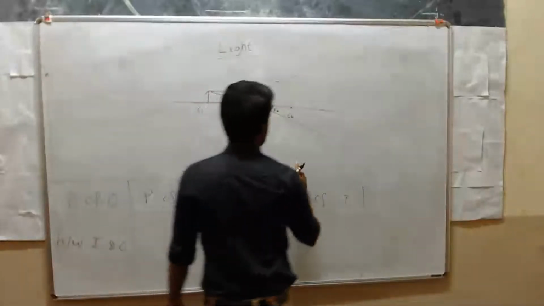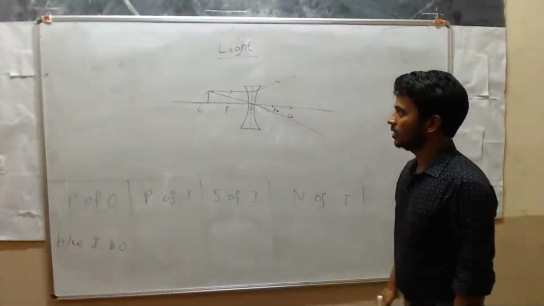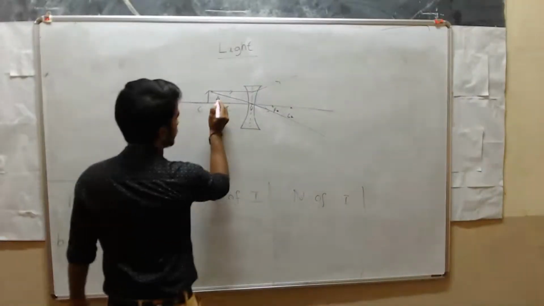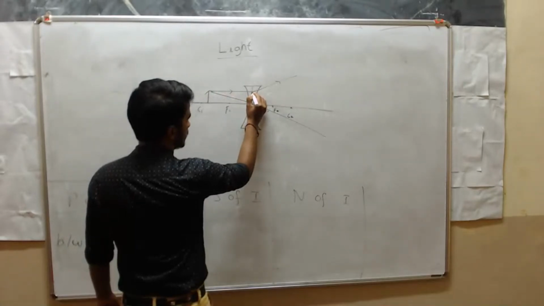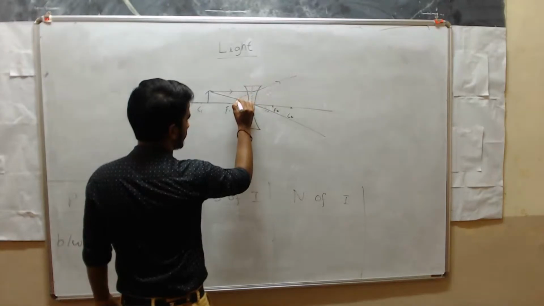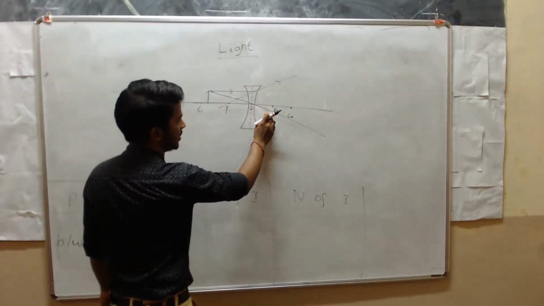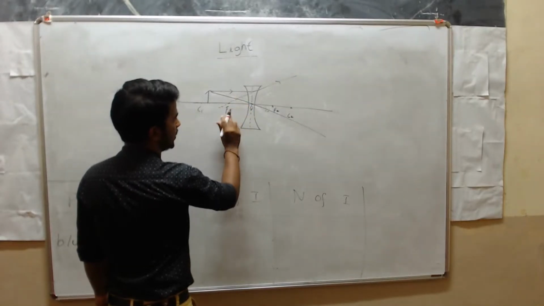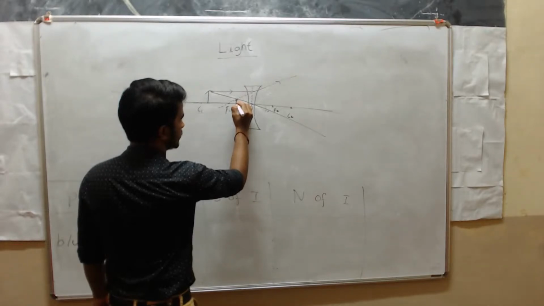See here also, the rays are not meeting. Now these two refracted rays are virtually meeting between F1 and O, which means here we will get the image.